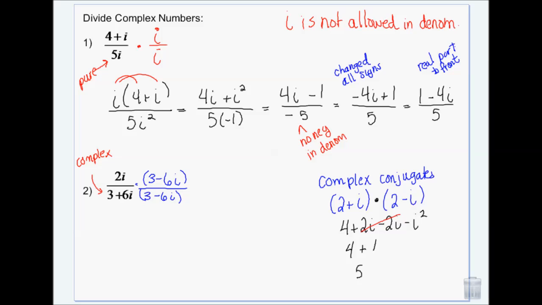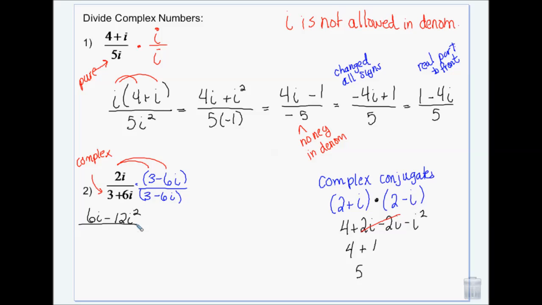And I'm going to distribute on the top. That's going to get me 6i minus 12i squared. Right, so 2i times 3 is 6i, 2i times negative 6 is negative 12i squared.